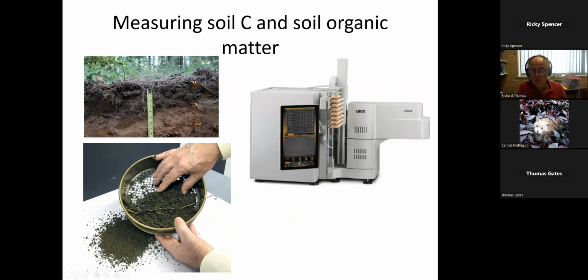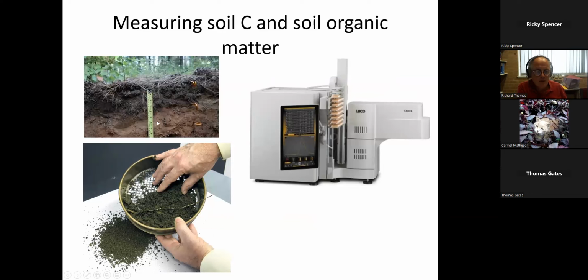As you burn it, you have columns which absorb carbon dioxide, nitrogen dioxide, and water, so you can absorb those things which are given off when you burn it. This is basically an oven, and it burns off the samples.